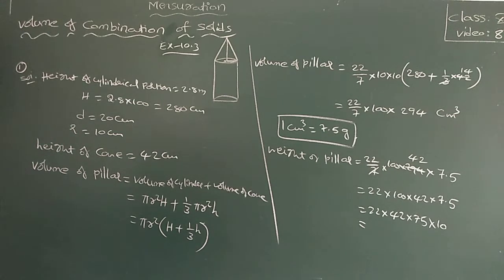Check the calculations once again and do the calculation part properly. 22 into 42 is 924, into 75, into 10.